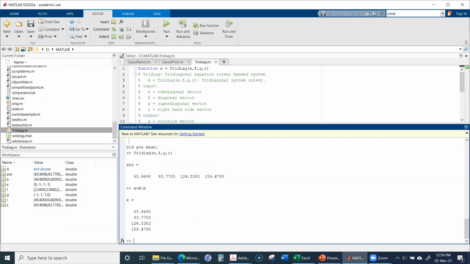We can do the LU decomposition, LU factorization, in MATLAB as well, and there is a very simple function which is called the LU function.